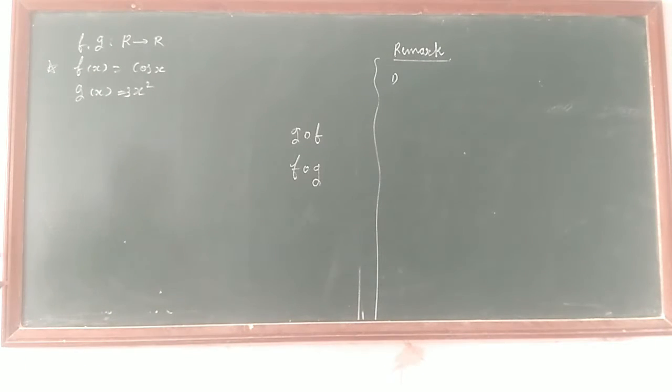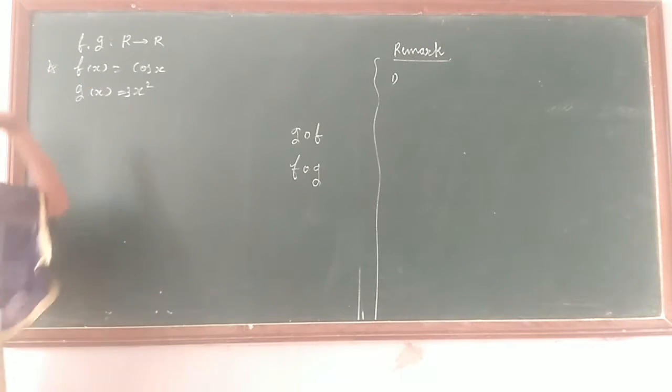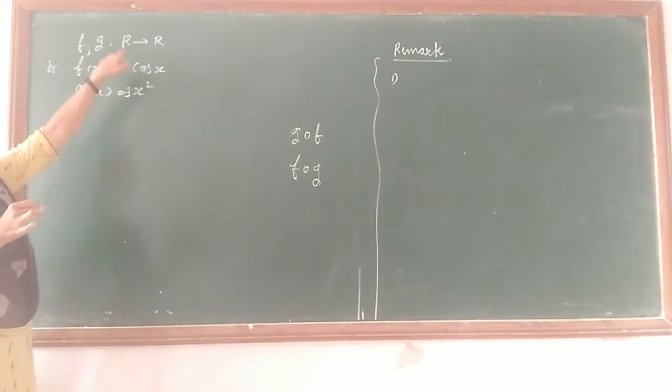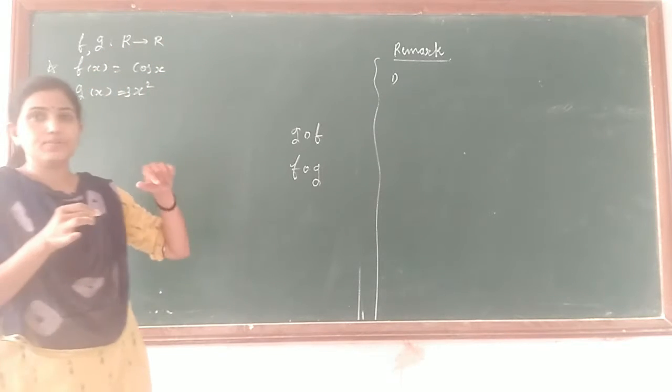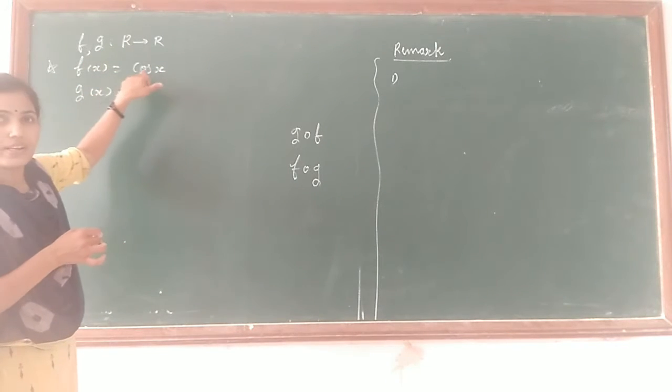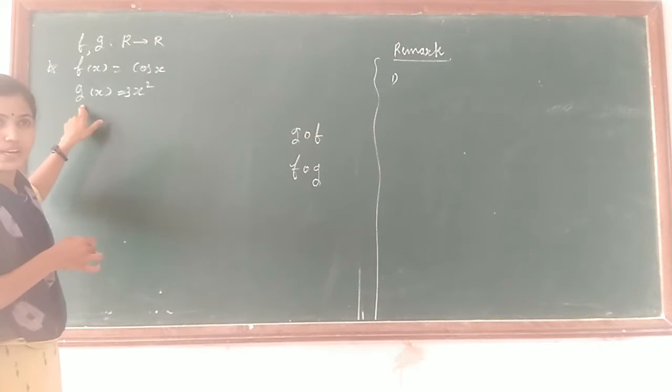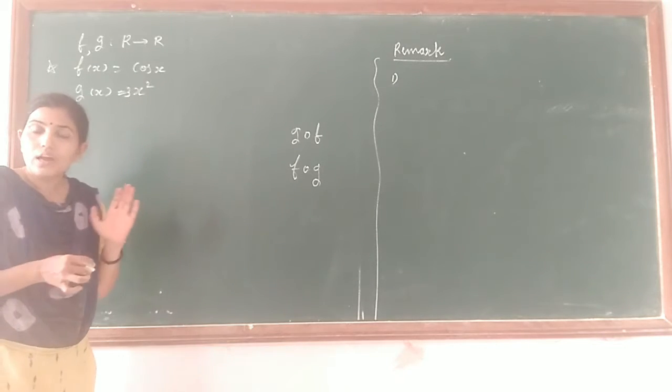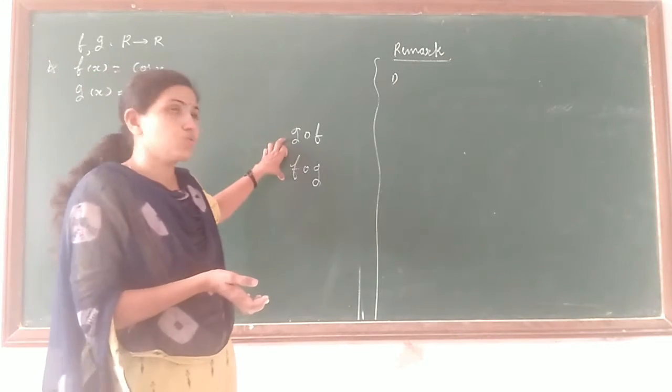So that's why I have taken one example here. Let f and g be two real functions, that means functions from R to R, where f of x is defined as cos x, and g of x is defined as 3x square. Now the question is, are these two equal?